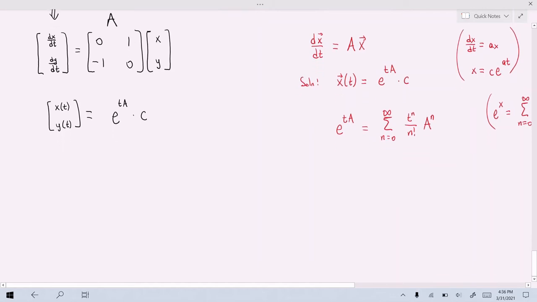So how can we compute e to the tA? We have this series formula, but we probably don't want to evaluate the infinite series. So I'm going to state a fact about matrix exponentials, which I'm not going to prove, but I am going to use for this problem.